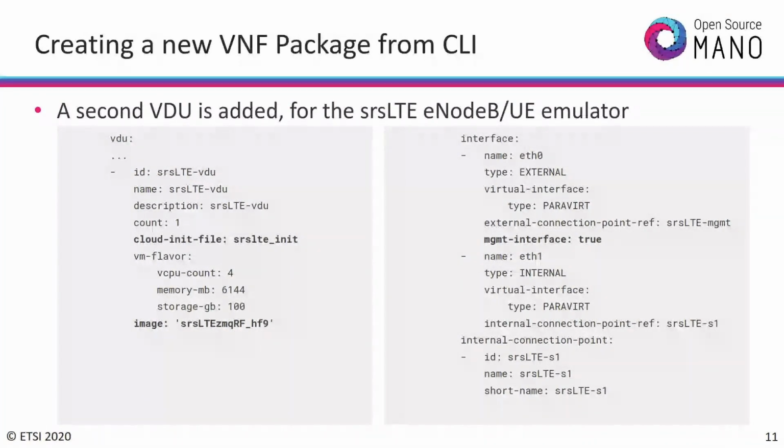The second VDU is the emulator. It was not generated by the package create command because the package create command can only create one VDU at this point in time. So we would need to create it from scratch. It has its own ID, name, description, of course.